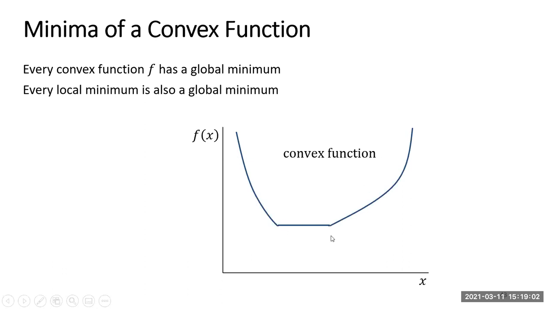So this is a convex function. See, this is flatlined here, right? This is the global minimum. This value is the global minimum. For any x here, you get the global minimum value. Okay?